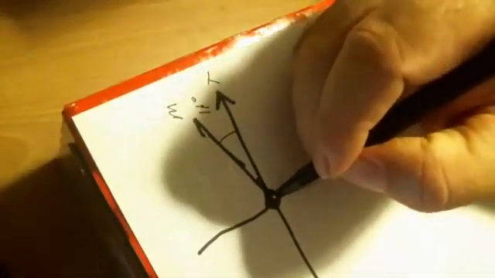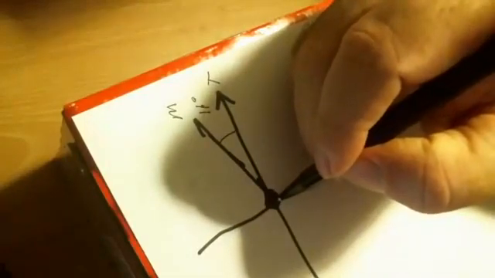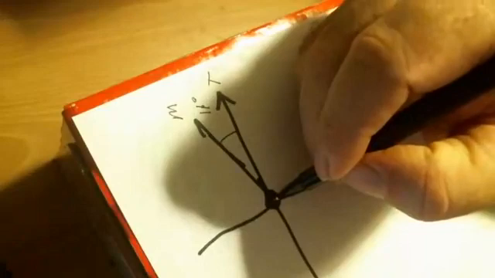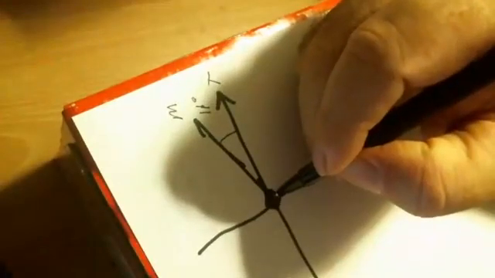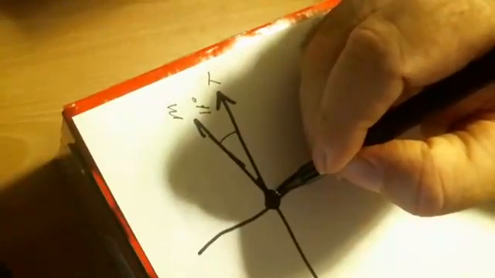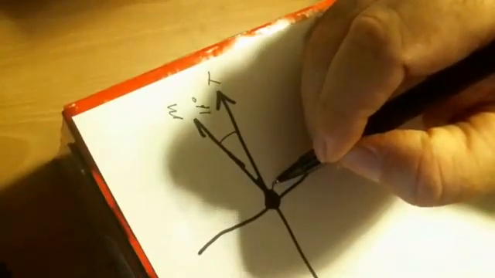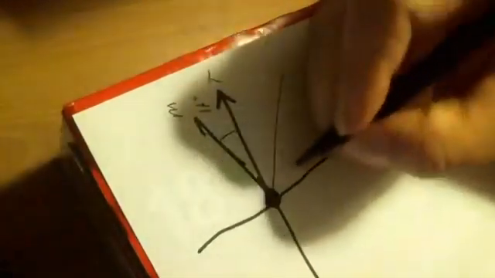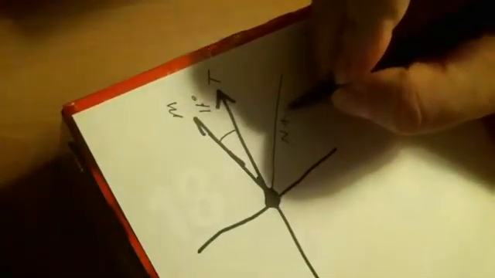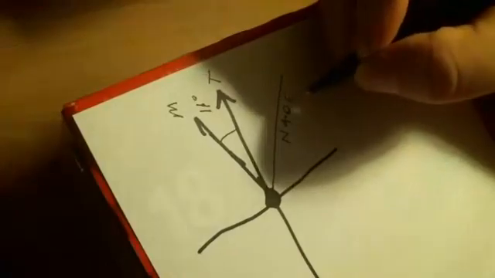And let's say the survey stake here, you want to run a line. The old deed says north 40 east.